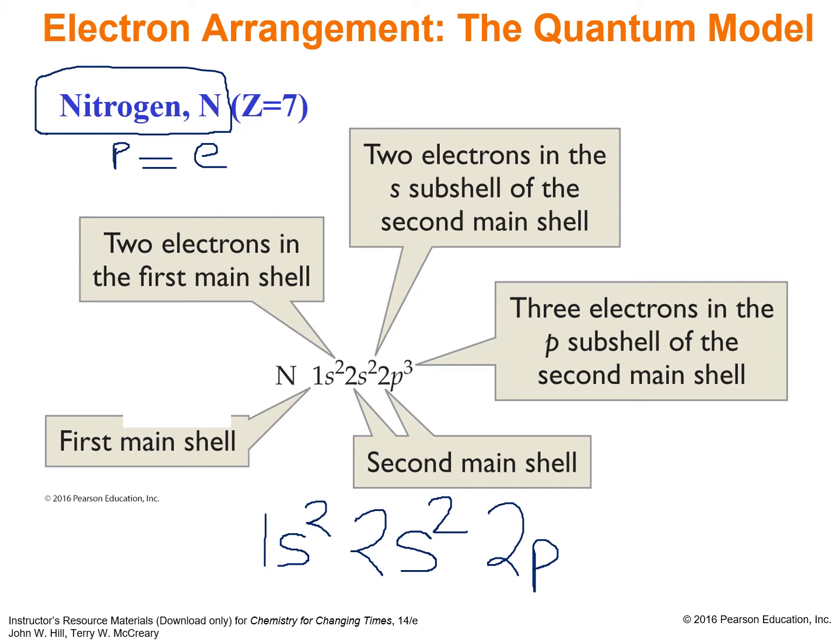But let me count my number of electrons. There are only 7 electrons for nitrogen, and I've already used 4 out of 7. So there are 3 more electrons left, and I'm going to write 3. And then I'm going to count 2, 4, 5, 6, 7. So my 7 electrons are shown here in this electron configuration or electron arrangement.